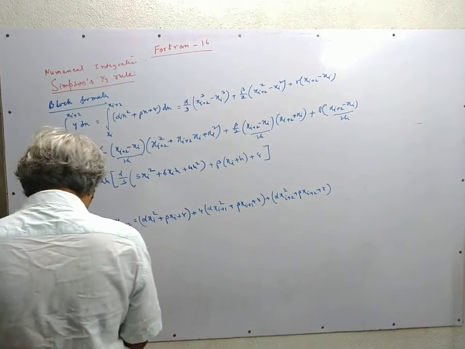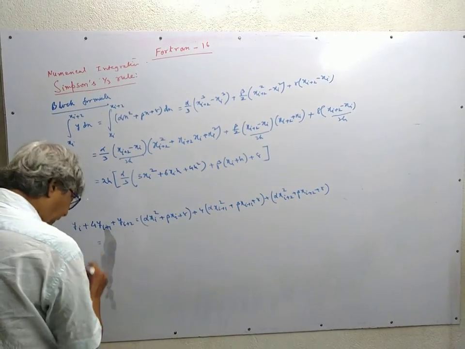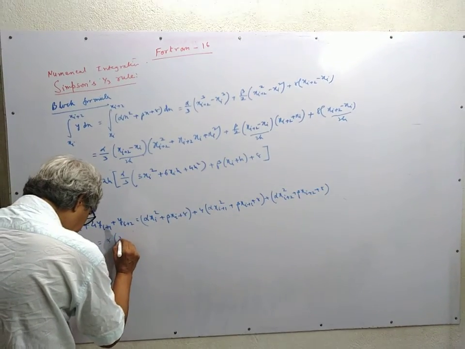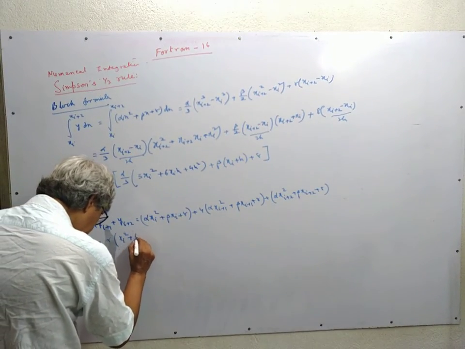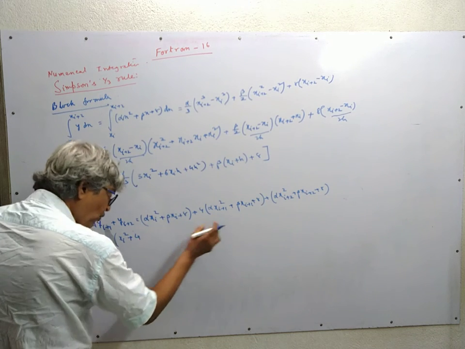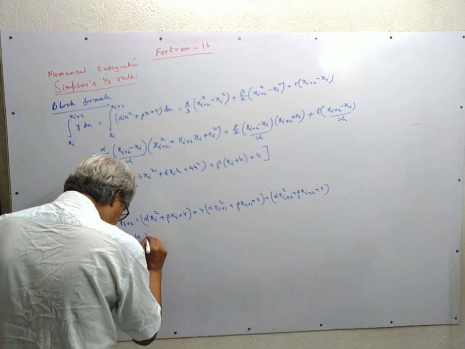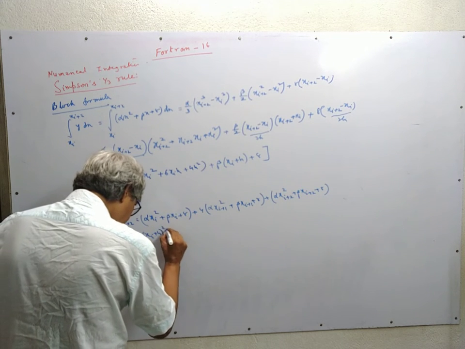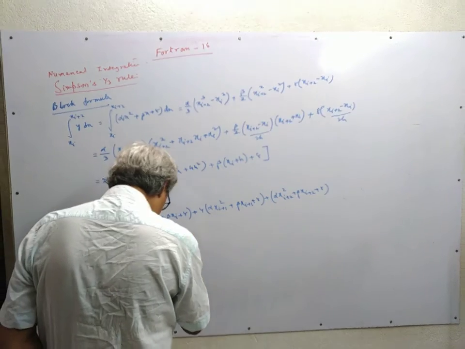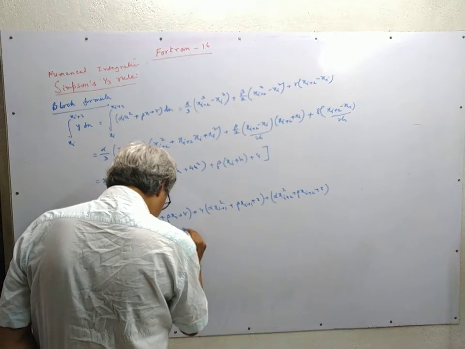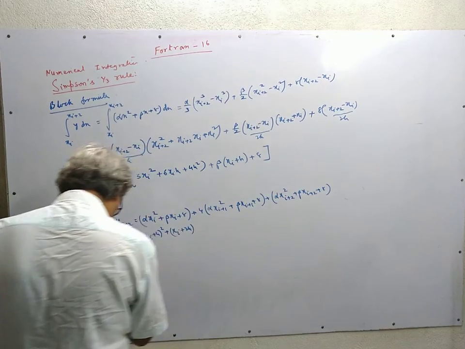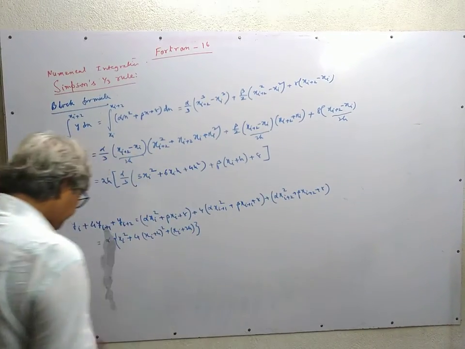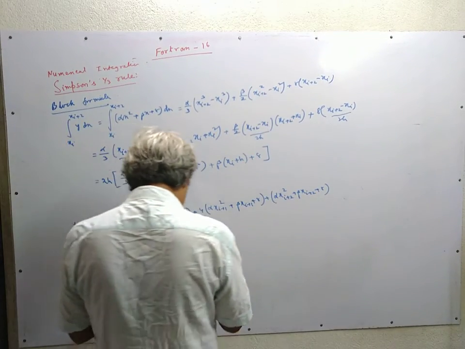Now let me collect the coefficient of alpha first. This is the coefficient of alpha. Now coming to the coefficient of beta.